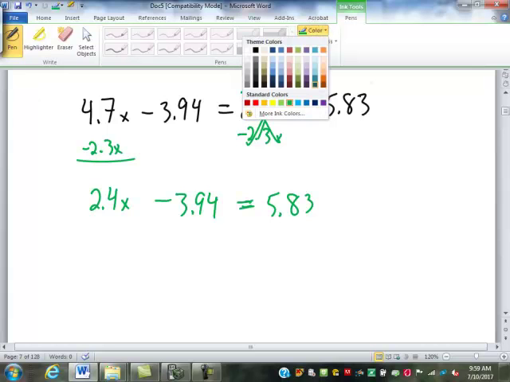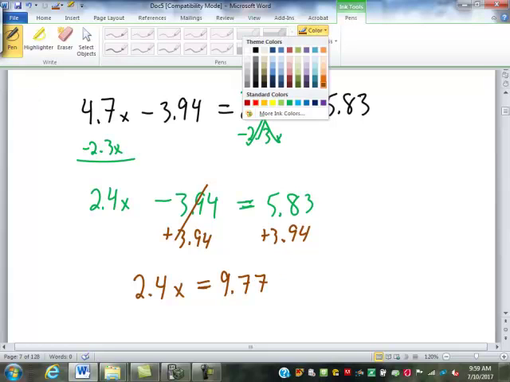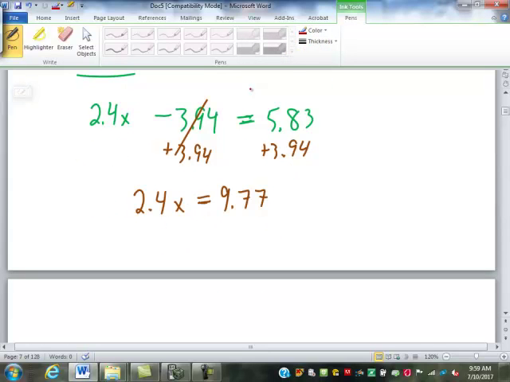Then what? Add the 3.94. So 2.4x equals 9.77. And then divide by 2.4.